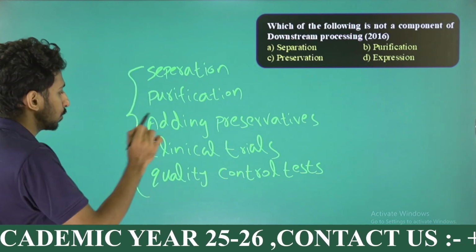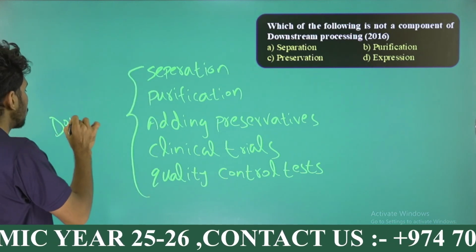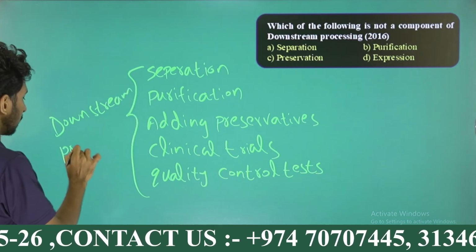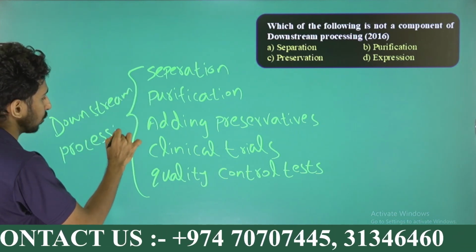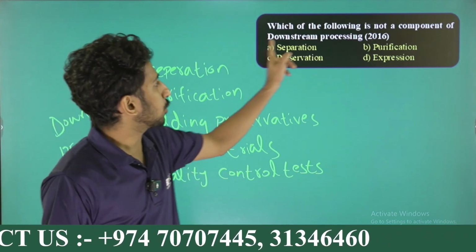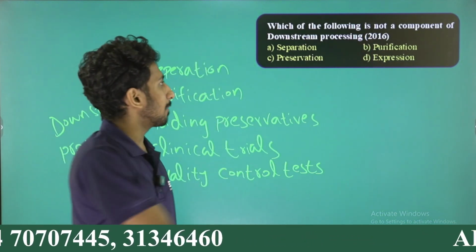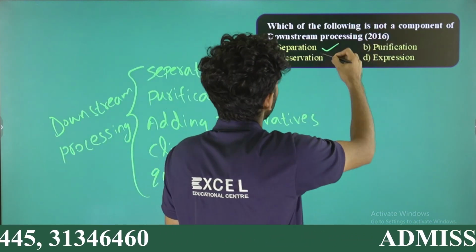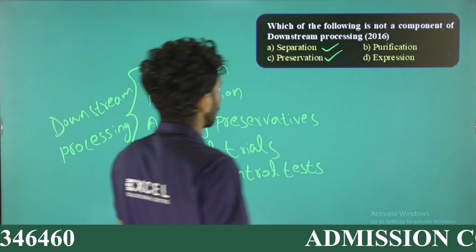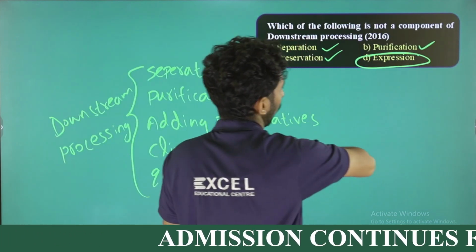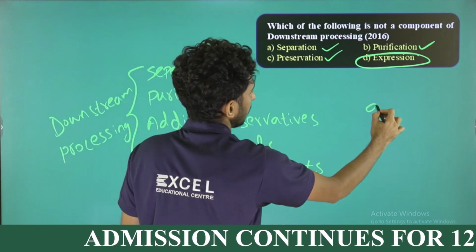These steps together are called downstream processing. Which of the following is not a component of downstream processing? Separation is there, adding preservatives is there, purification is there, and expression is not there. So the answer is D.